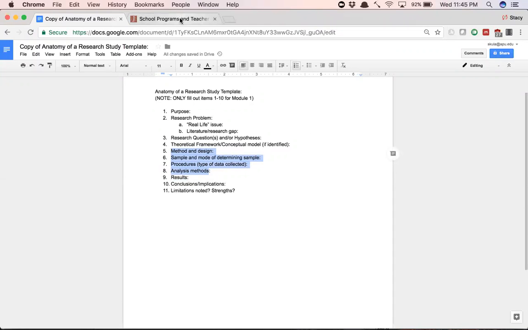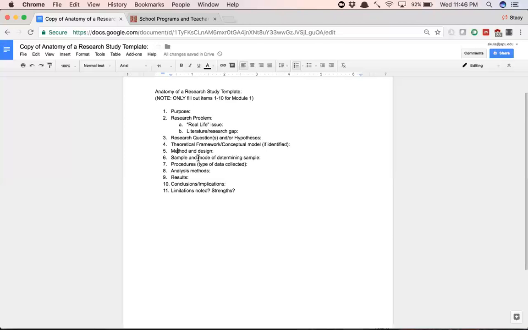So going through here, in terms of method and design, method can be one of three options. You have a qualitative, a quantitative, or a mixed methods. Qualitative research has to do with words. It relies on interviews, observations, or document analysis. That's it.